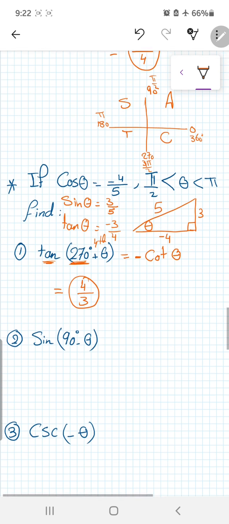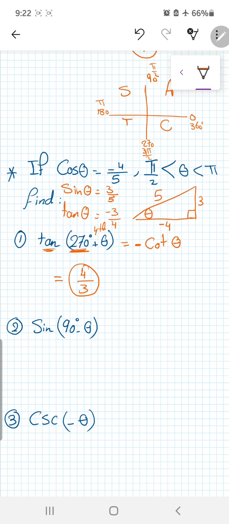Another one: sine of 90 minus theta. 90 is odd, so sine becomes cosine. 90 minus is in the second, where sine is positive, so it is cosine theta, which is negative 4 over 5.